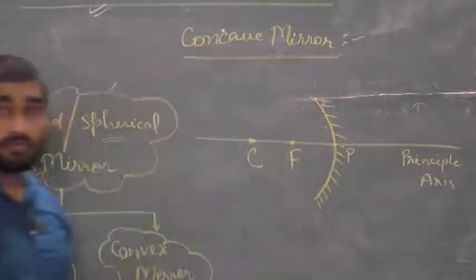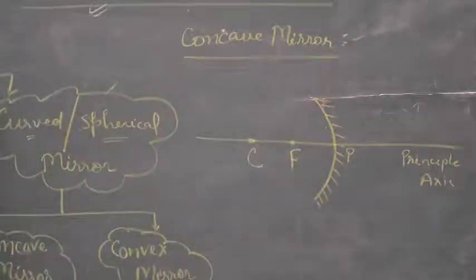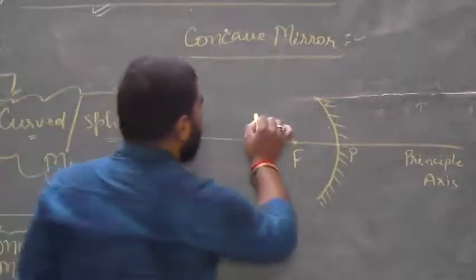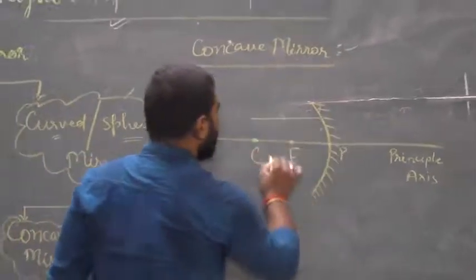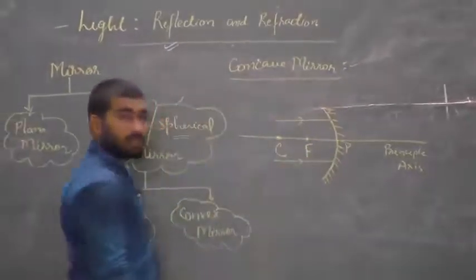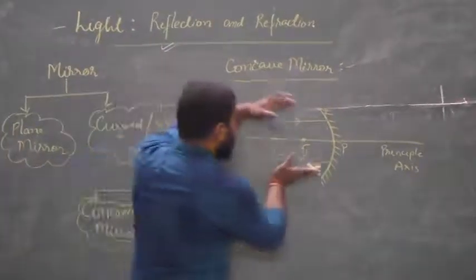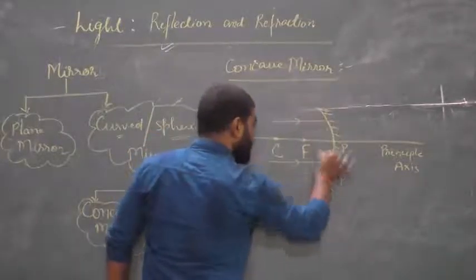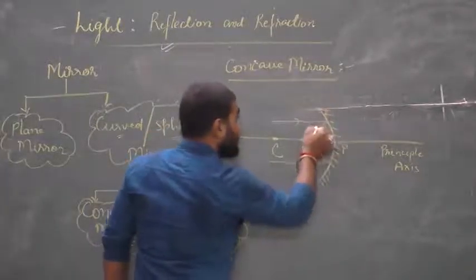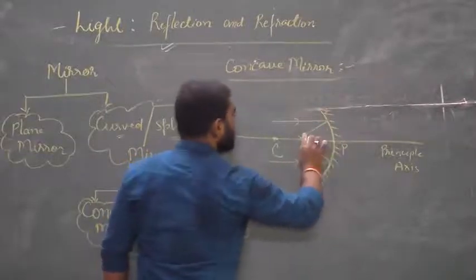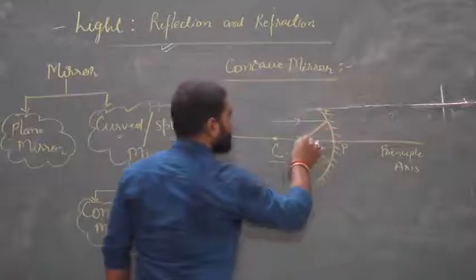So what is the characteristic of a concave mirror? When parallel beams of light, parallel to the principal axis, fall on a concave mirror, they will converge on its focus.